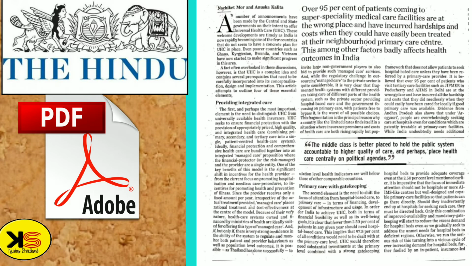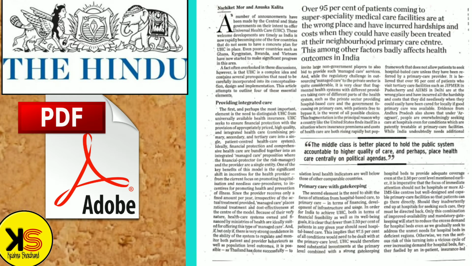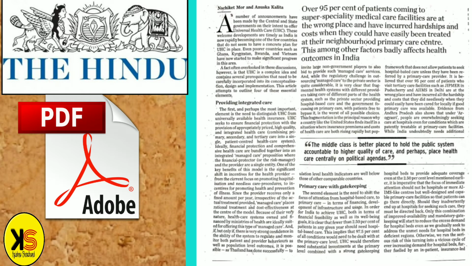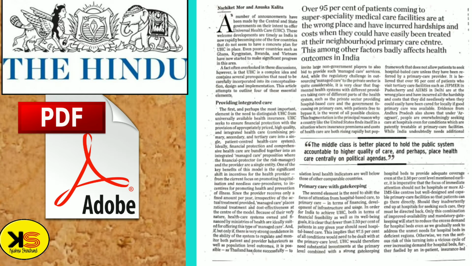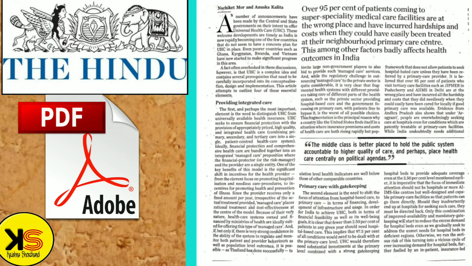While India undoubtedly needs additional hospital beds to provide adequate coverage even at the 2.5% level mentioned earlier, it is imperative that the focus of immediate attention should not be hospitals or more AIIMS-like centers but well designed and capable primary care facilities so that patients can go there directly.